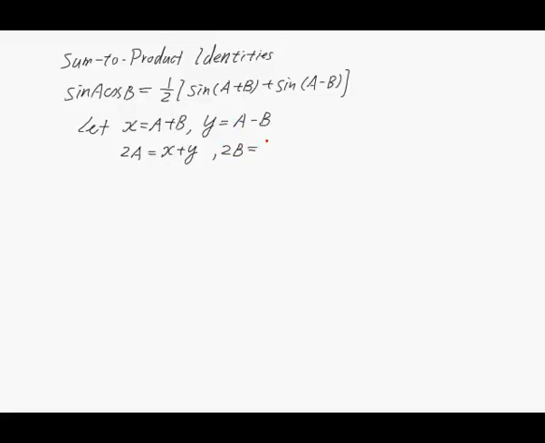So 2b is equal to x minus y. And then you get a equal to 1/2 times x plus y, and b is equal to 1/2 times x minus y.